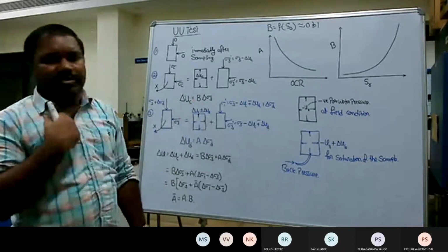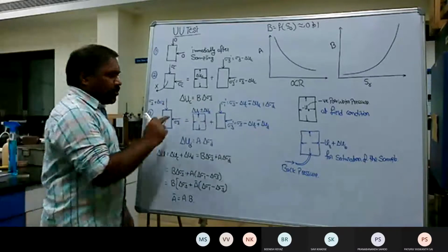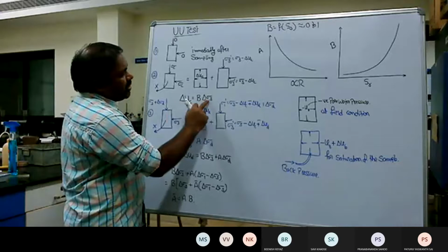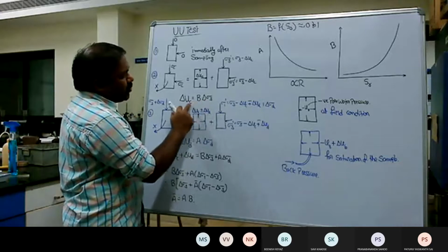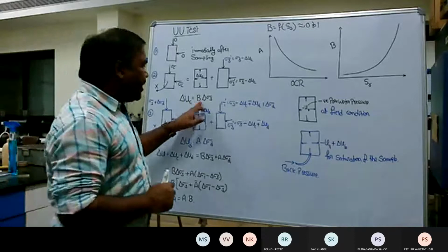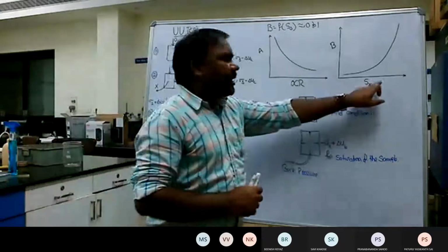So this is Skempton's theory. Skempton has proposed that the resultant pore water pressure, because of the increment of the delta sigma 3, is proportional to the constant called B. So B is a strong function of the degree of saturation.